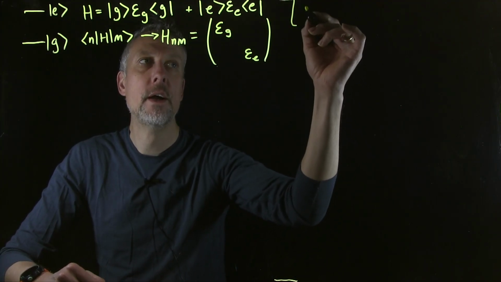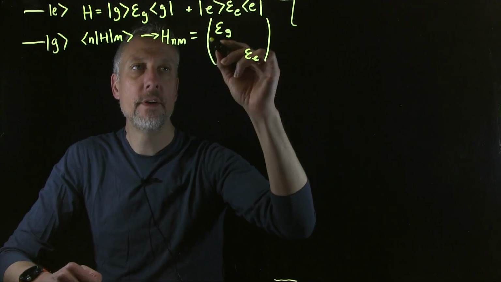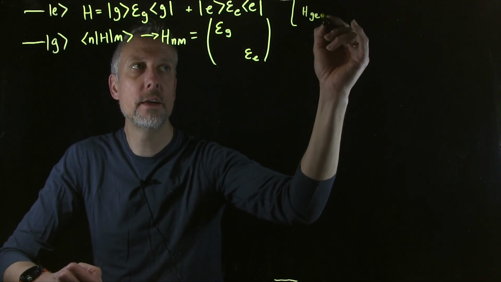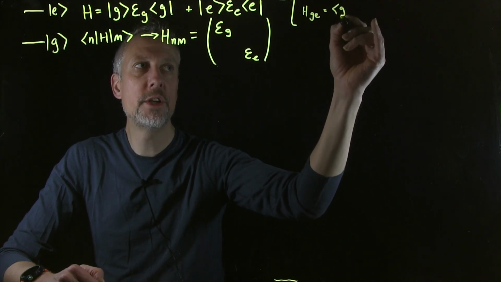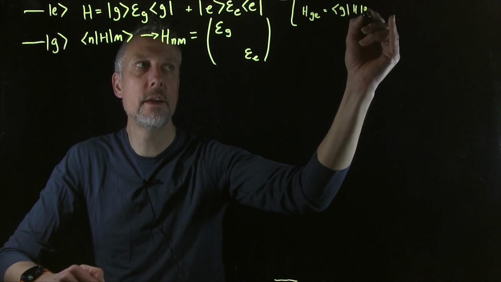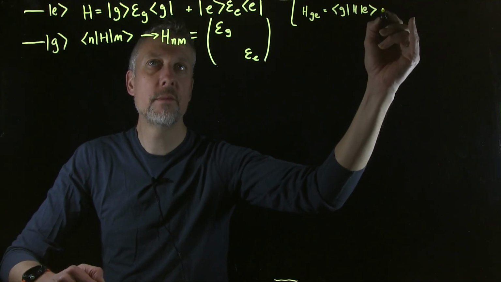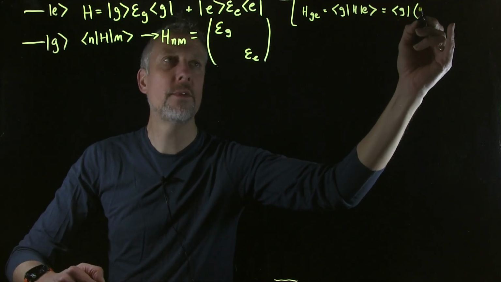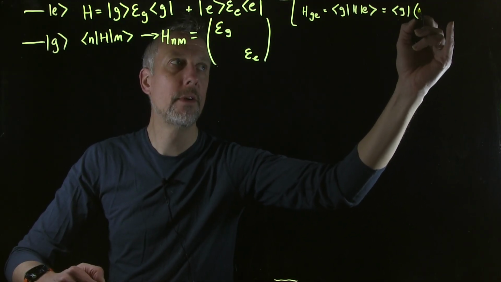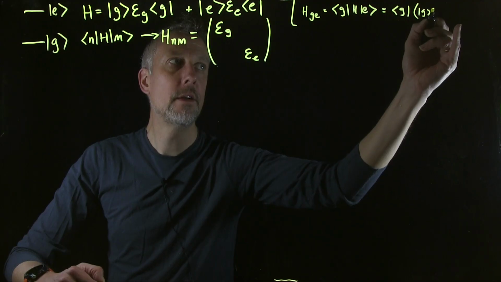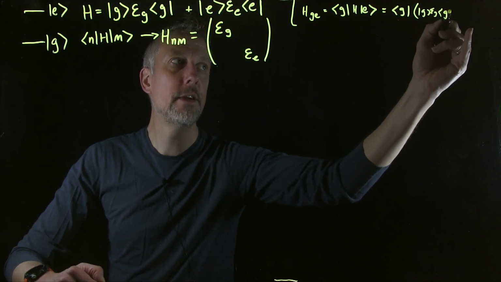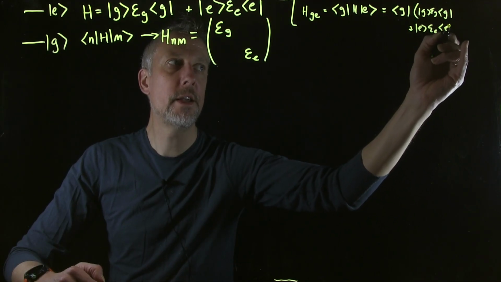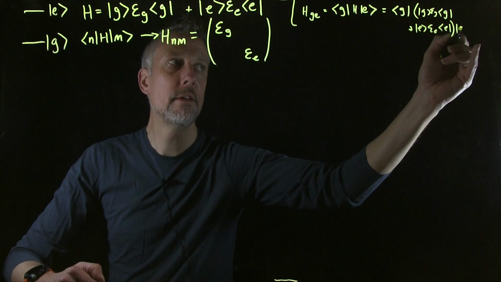So if we go over here and we imagine calculating the GE element, so H_GE will be <G|H|E>, which is going to be equal to G on the left times, I'm going to run out of space, well, whatever, |G> epsilon G <G| plus |E> epsilon E <E|, and then E on the right.